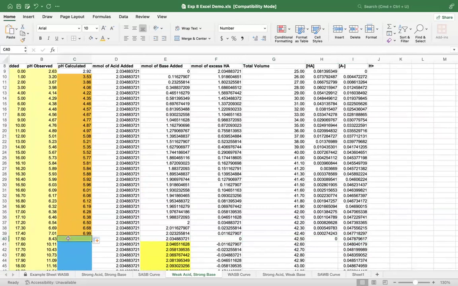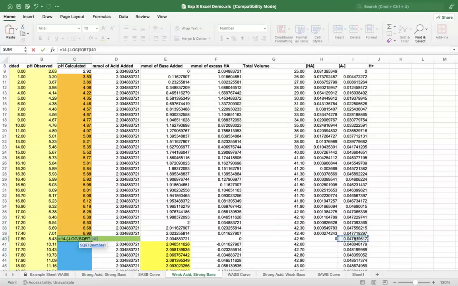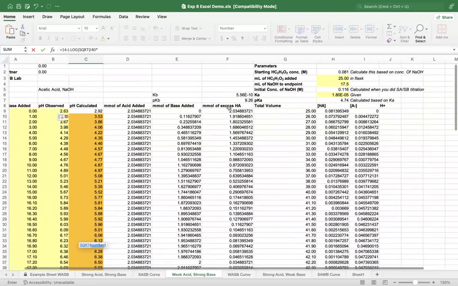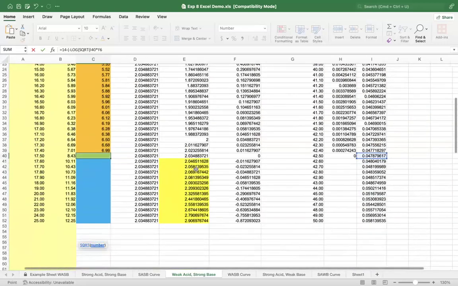So let's click on the pH. We'll say equals 14 minus parenthesis. So that's going to get us out of the pOH back into the pH. Negative log of the square root of, so I'm doing SQR and then selecting square root of that number, concentration of conjugate base times Kb for that conjugate base.